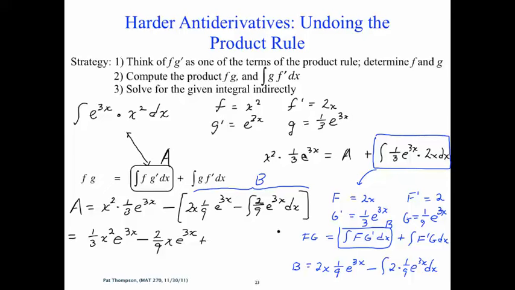So the antiderivative of 2/9 e to the 3x is one we can do, right? The antiderivative of e to the 3x is e to the 3x, but we're going to need a 1/3 for that, multiplied by the 2/9, so it's 2/27, plus c. Got it.